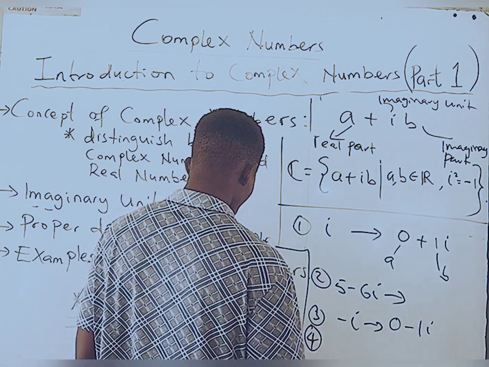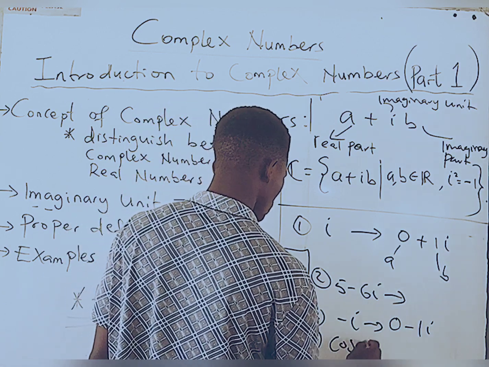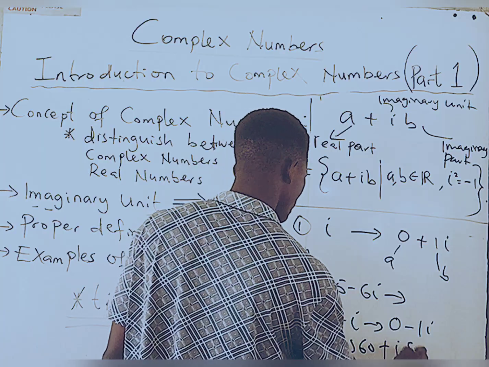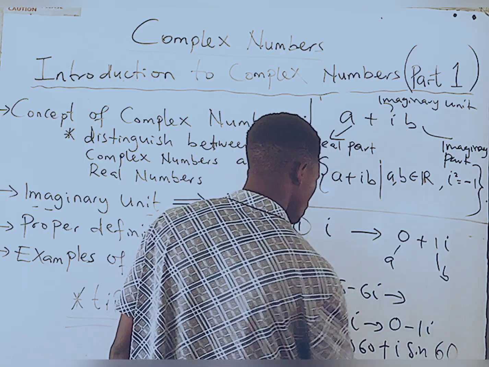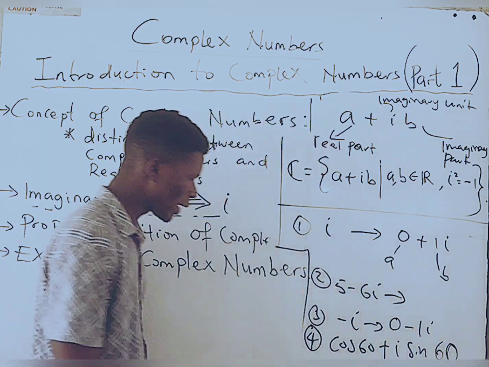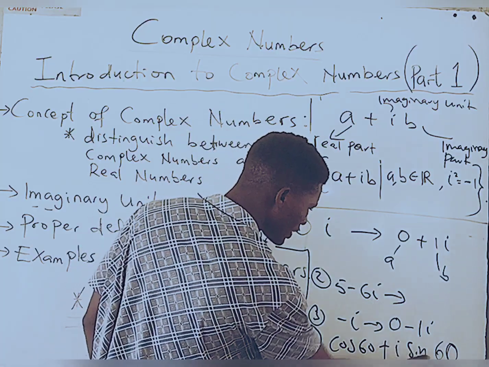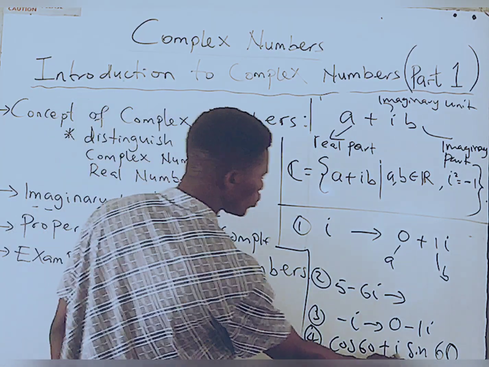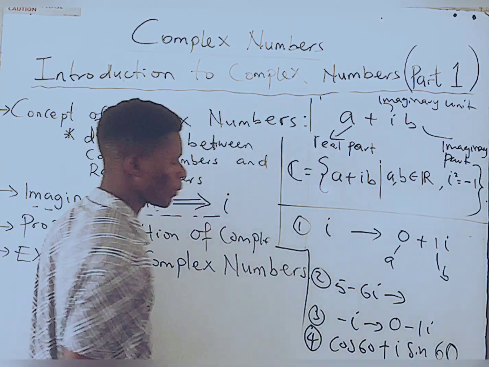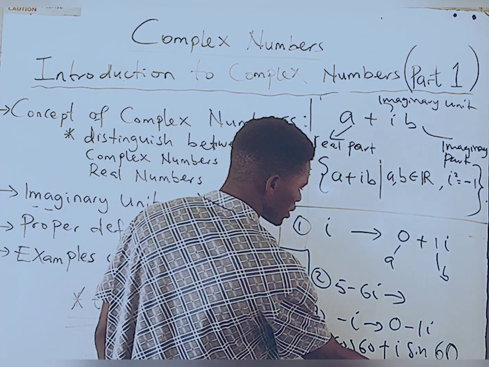Let's move on to example 4: cos 60 plus i sin 60. sin 60 is the one with i, the imaginary unit, which we take as our imaginary part.